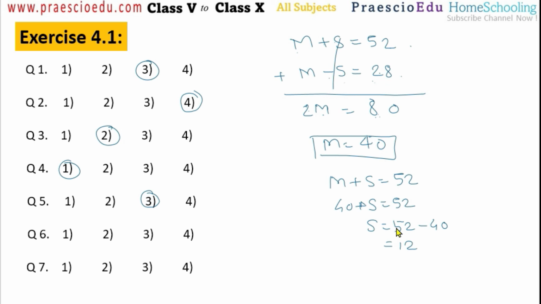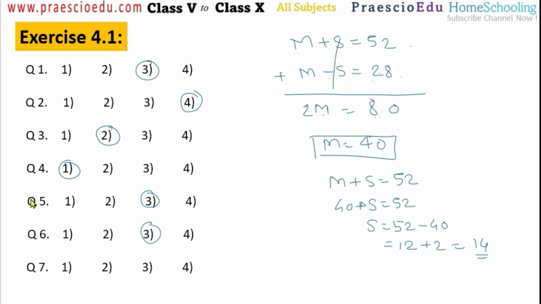So for the future we have to add 2. Means in the future after 2 years what will be his age. So 12 plus 2. His age will be 14 years after 2 years, because the word used is hence. Okay, so 14 years means option number 3.